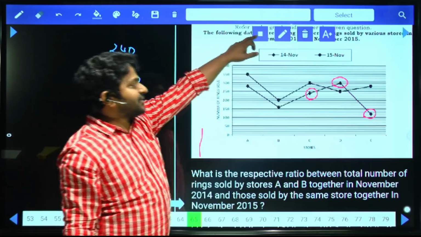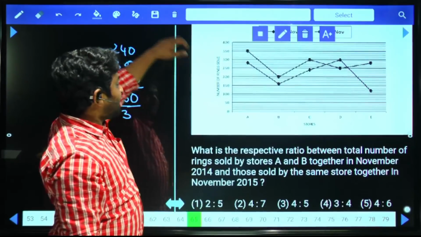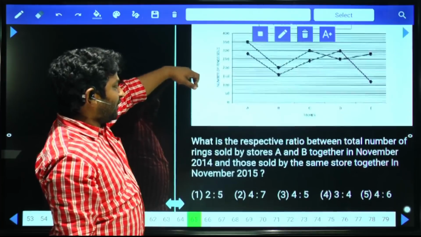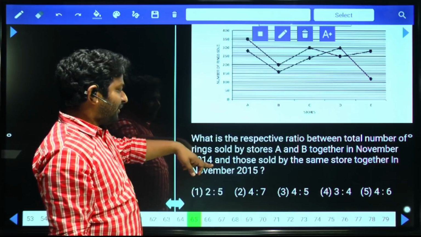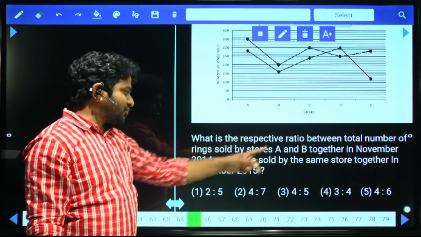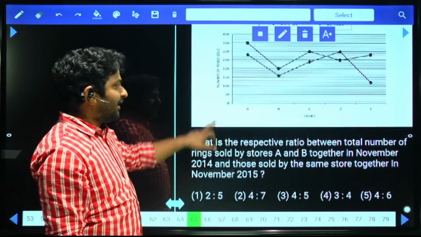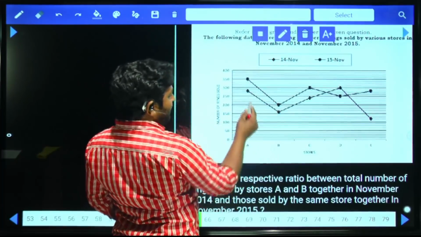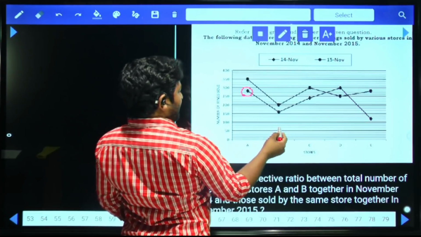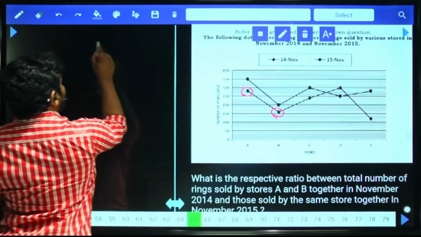Next, the last question for today's class. What is the respective ratio between the total number of rings sold by A and B together in November 2014 and those sold by the same stores in November 2015? A and B together in 2014: 280 and then 160.